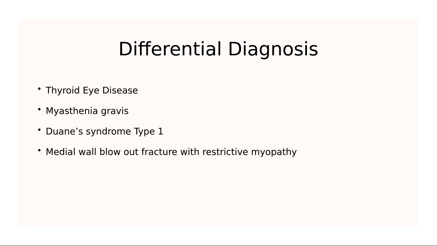So you have different types of Duane syndromes, but in Duane's type 1 syndrome, you'll have an esotropia. If you have a medial wall blowout fracture with restrictive myopathy, then you may also get this picture.